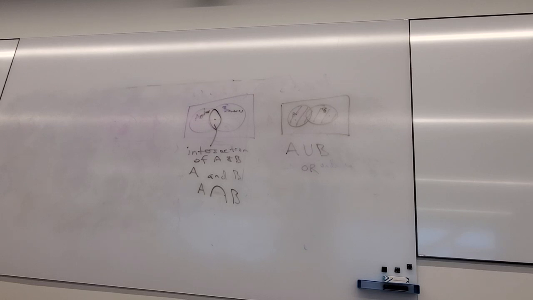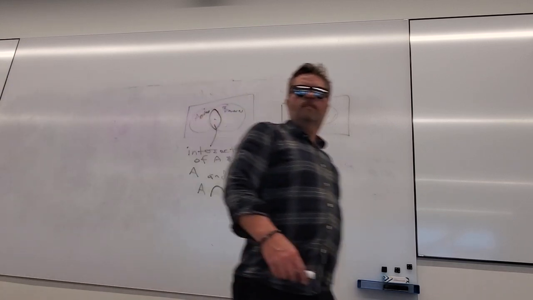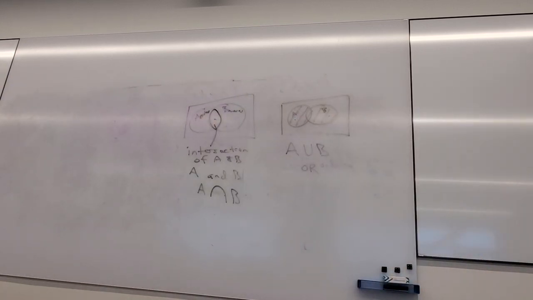So if I wanted to say A or B but not both, I'd have to say exclusively or. Does that make sense? And if it's not filled in the middle, would that mean excluding? Beautiful. If it's not filled in the middle, that's the exclusive or.